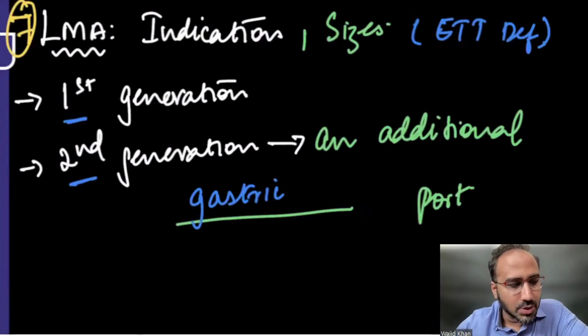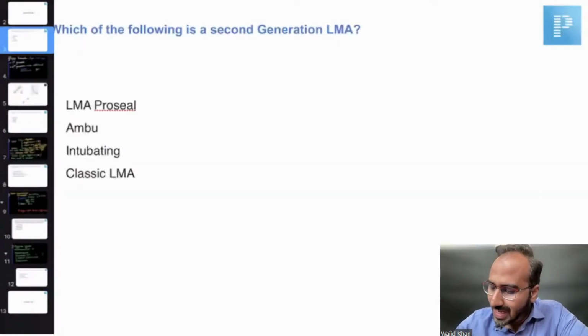Laryngeal mask airway, there are two types. One is the first generation, other is the second generation laryngeal mask airway. Second generation laryngeal mask airways are the airway devices which have two ports. One is the tracheal port, other is the esophageal port. So first generation, we have only one LMA, that is the classical LMA.